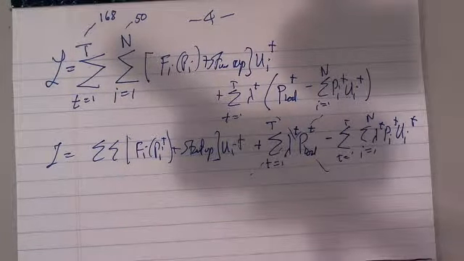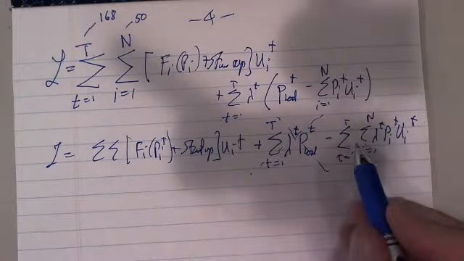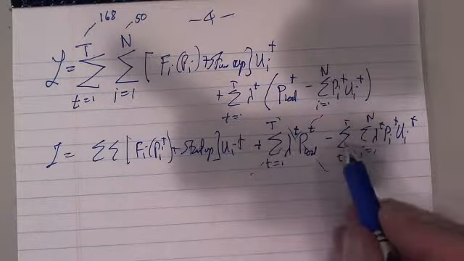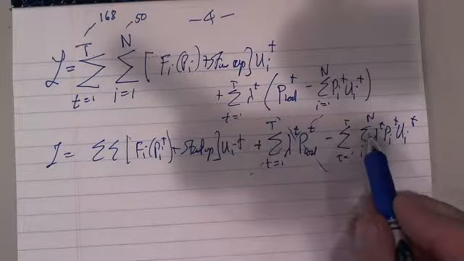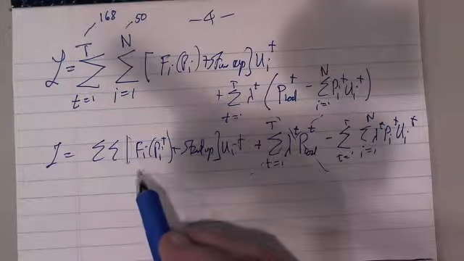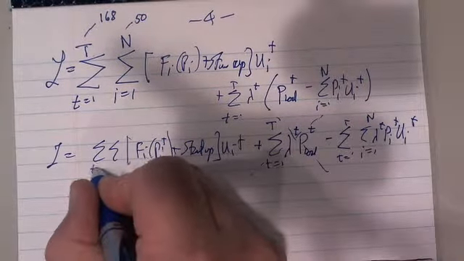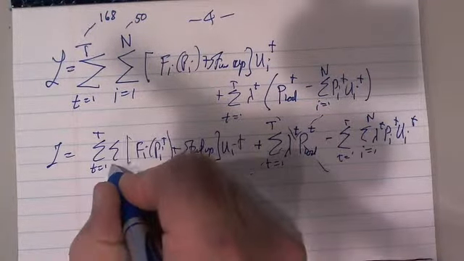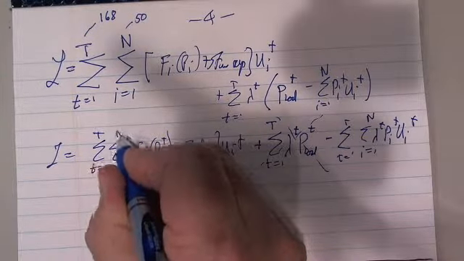Now, notice now that I have a sum over T and over N, and I have a sum over I equals 1 to N.